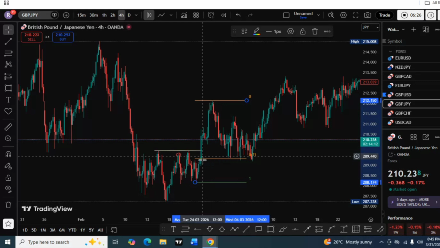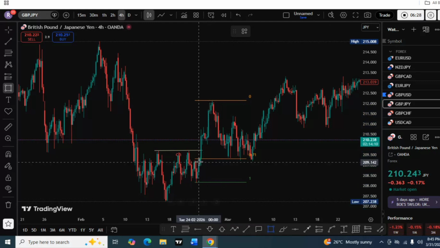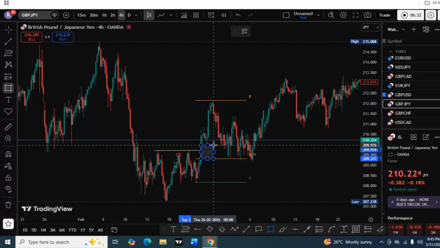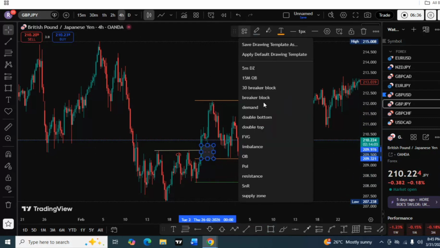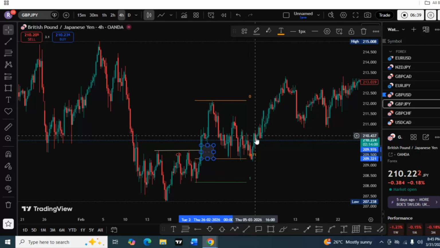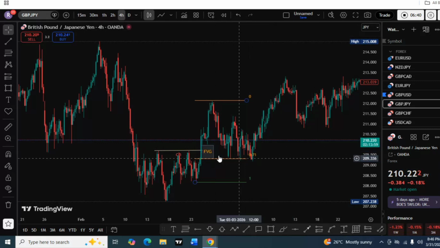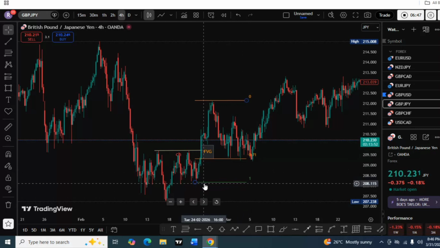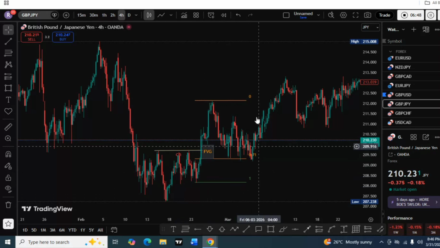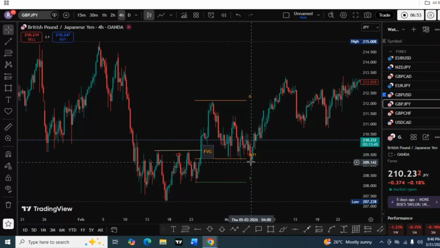Fibonacci is not a strategy, but it is part of our strategy. As you can see, the market took off, leaving a fair value gap that's right at a discounted level. It is crucial that you identify the fair value gap, because this is a liquidity that the markets need to grab before it moves upwards or downwards.